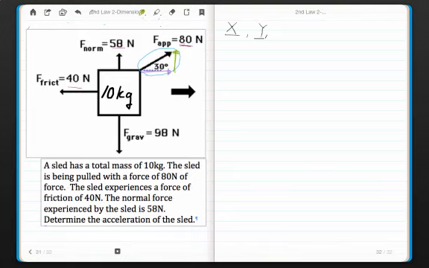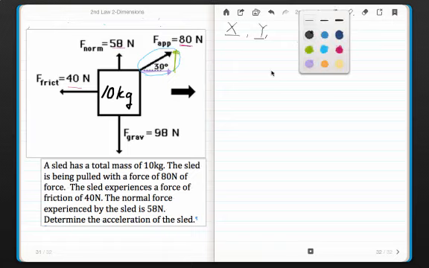And we can do that using trigonometry. So let's do it here. In order to find the X component, I'll do the math in purple. We have this triangle with the hypotenuse being 80 newtons. So we can state that the adjacent side is the X side.